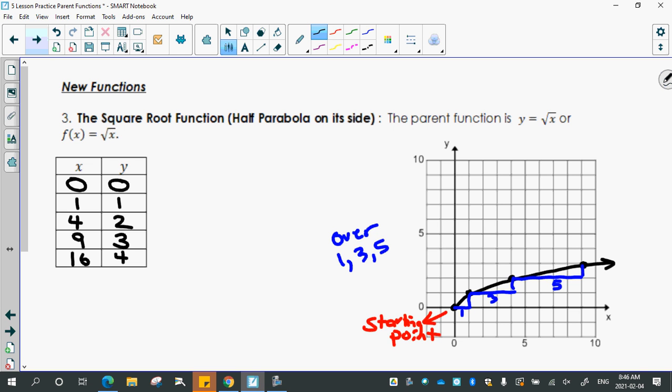So looking at that, see if you can figure out what its domain would be and what its range would be.